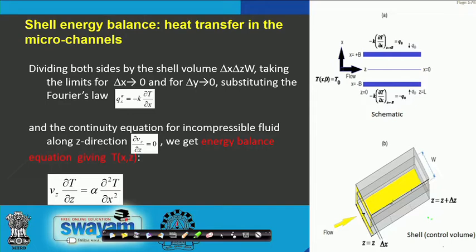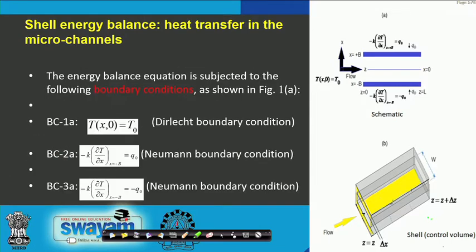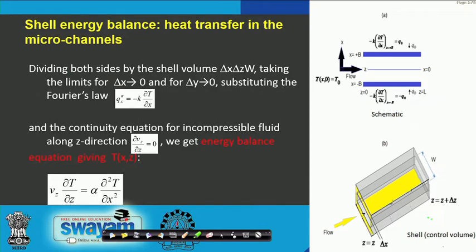Now, this is not a complete equation. We have to give the boundary conditions for this equation to derive the complete solution. As you see, it is a first order derivative with respect to z and a second order derivative with respect to x.